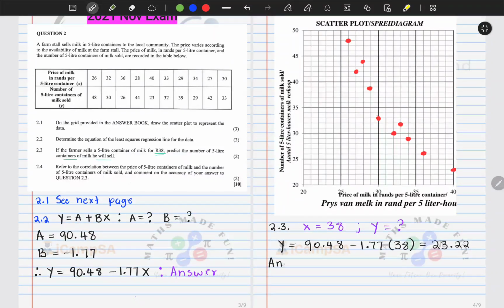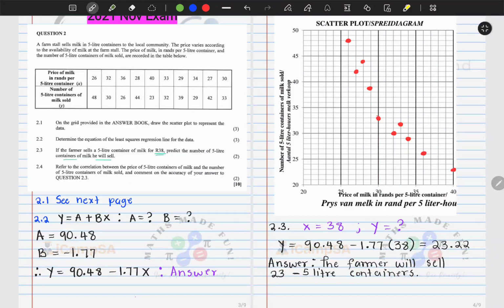So we can say that the farmer will sell, if we round that off, 23 5-liter containers, if they are selling them at 32 rands. So I hope that this does make sense to you guys.